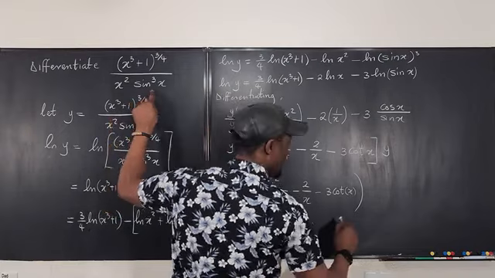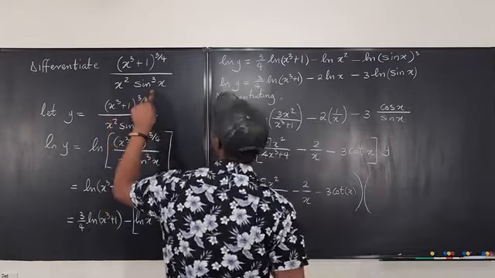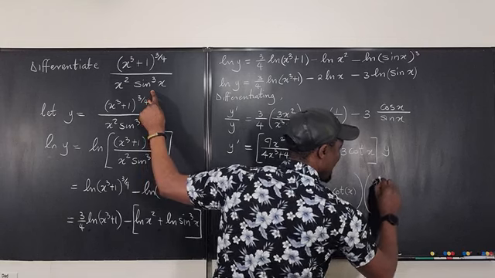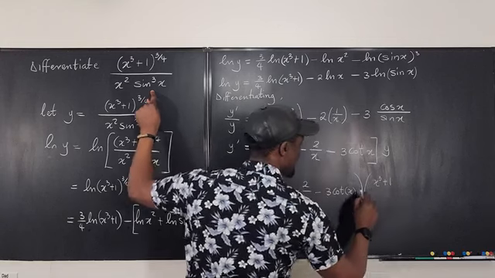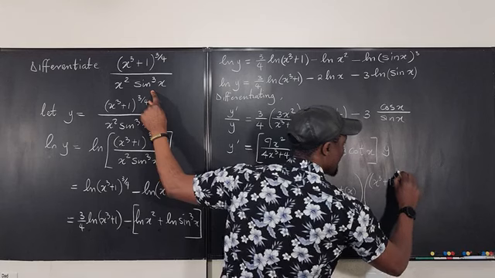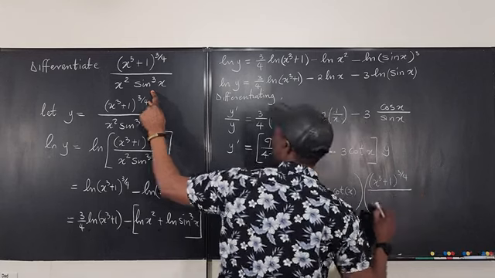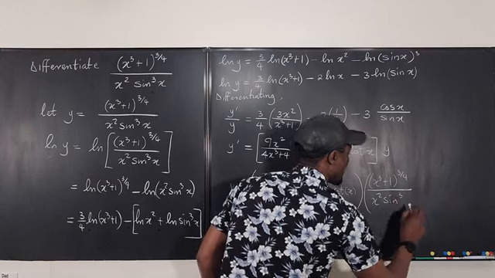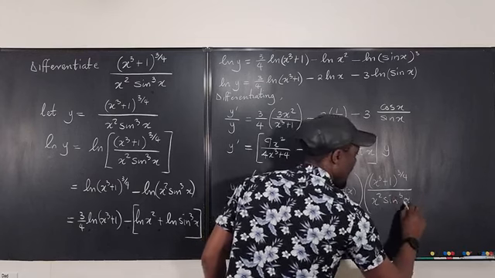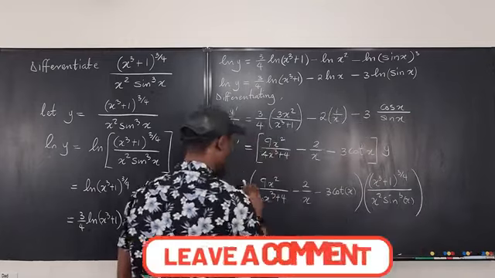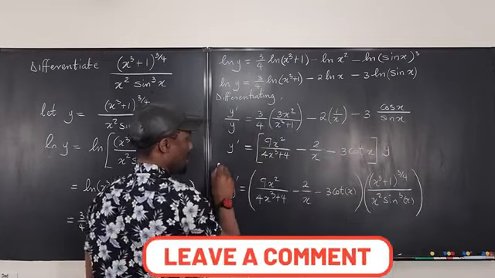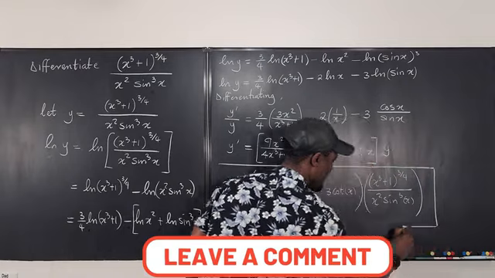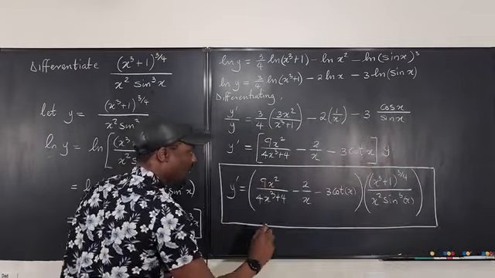This thing that we started with. That's insanely complicated. (x cubed plus 1) raised to 3 over 4 divided by x squared sine cubed x. And this is y prime, sorry. That is the derivative of the original function.